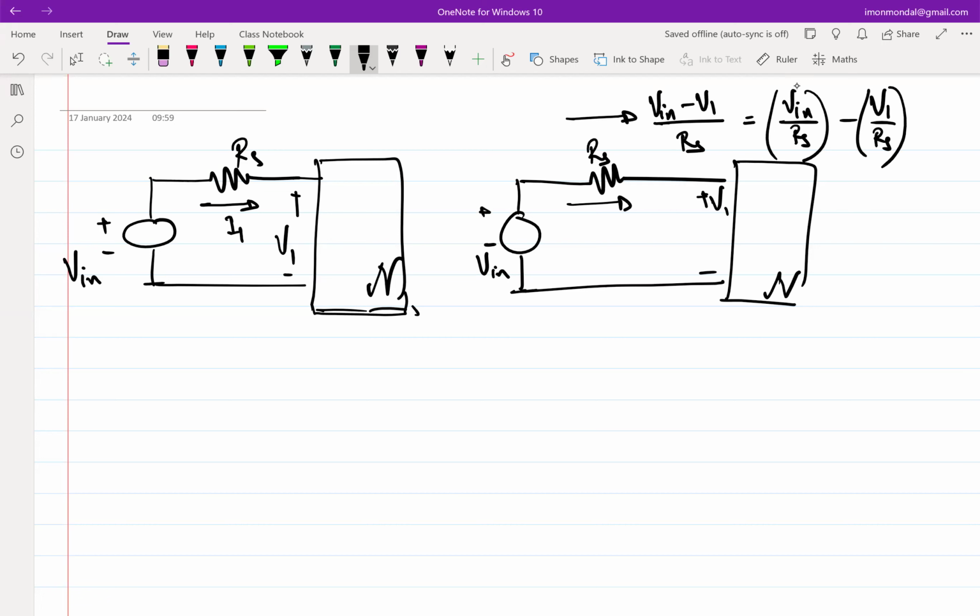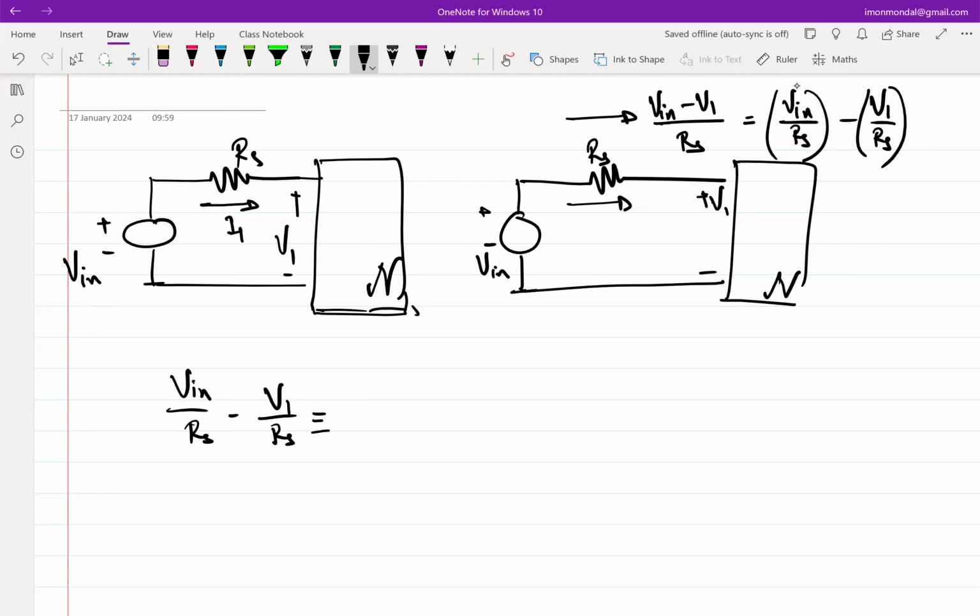So note that V in and Rs both are properties of the source, right?